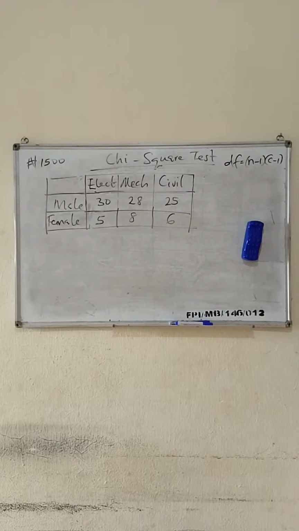But then we need to calculate the expected. What we have on this screen is the observed. But what will be the expected? The expected is what we are going to calculate in a different way. It's different from the way we calculated the last one. So let us see what we have here.